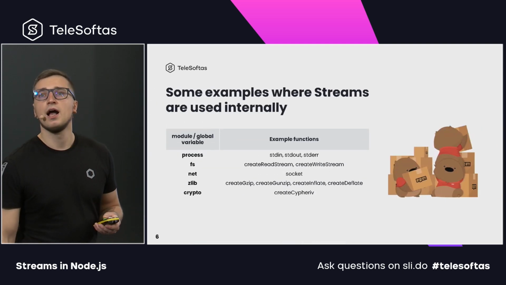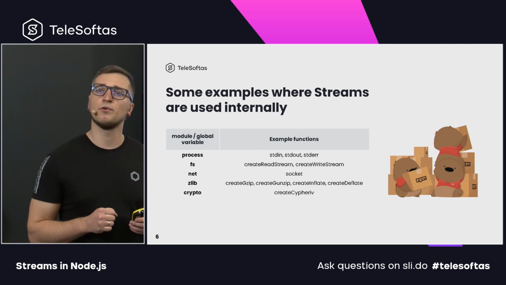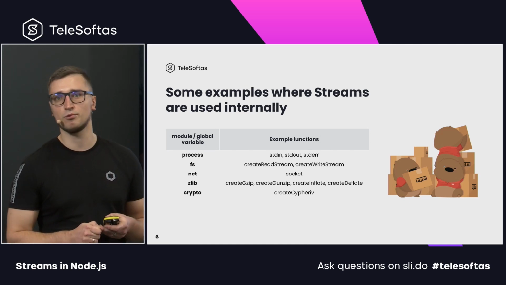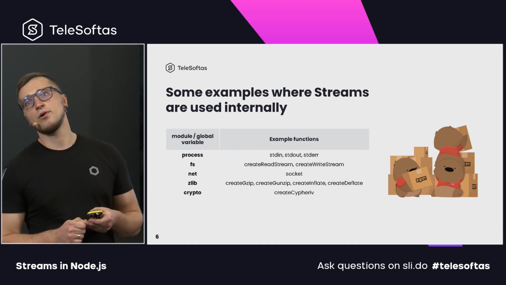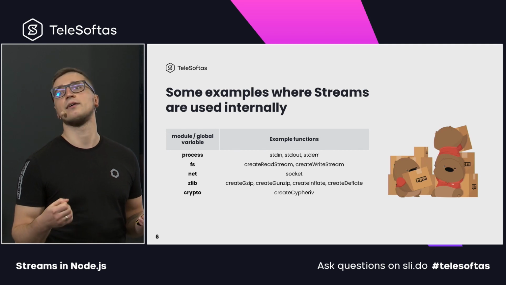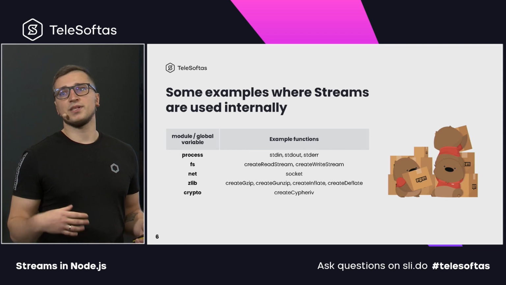Moving further, these are examples of Node.js internal libraries where streams are used at their core. So we have a module which is called process, and the process has three different areas where it spits out information.